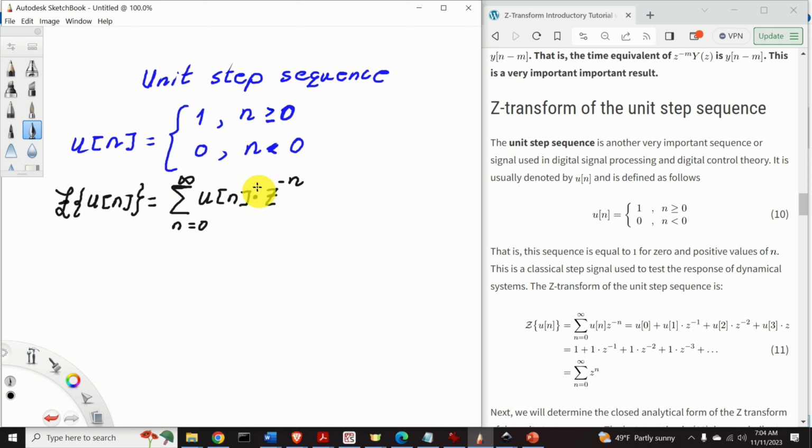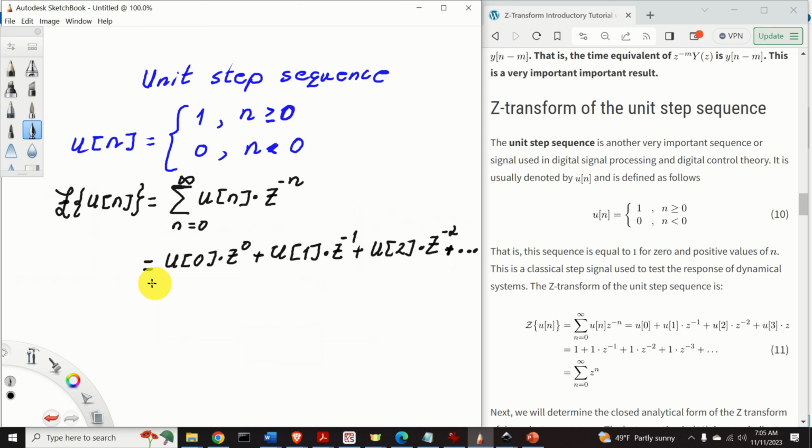This is the general definition, and let's expand this definition. We have u of 0 multiplying z to the power 0, then we have u of 1 multiplying z to the minus 1 plus u of 2 multiplying z to the minus 2, etc.